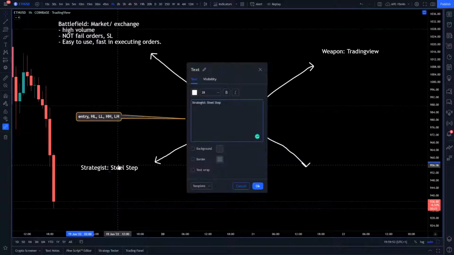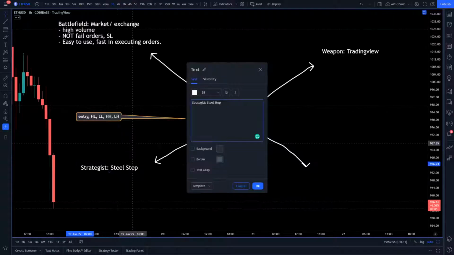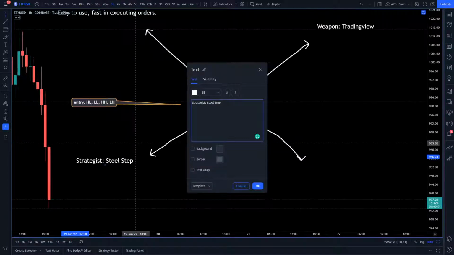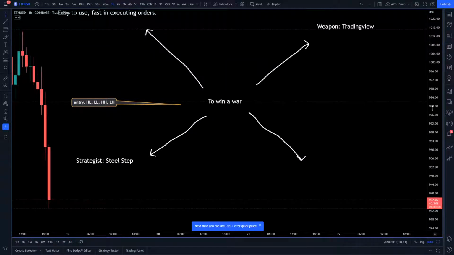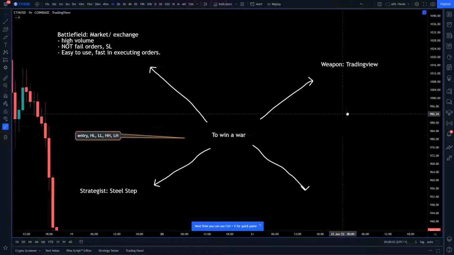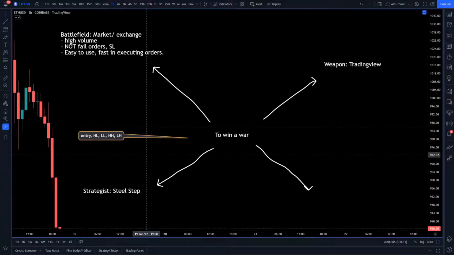StillStep depends on price action, not indicators. Indicators are really unreliable, and we depend on price action only. So that increases our credibility and our accuracy in entering and exiting the market. StillStep has an insanely high win rate and reward to risk ratio.